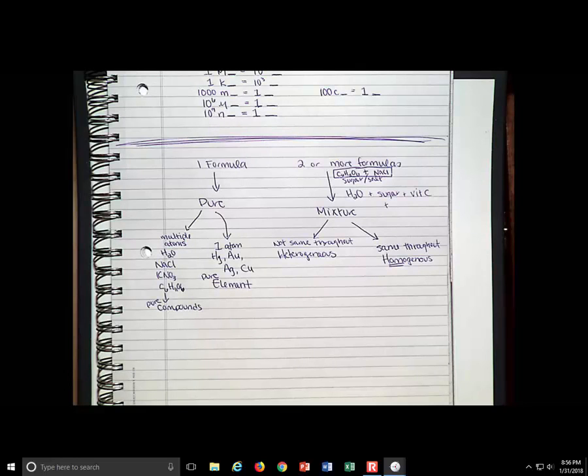I think we've covered pretty much everything. You guys know 2n squared. We had that clicker question on Bohr's model of the atom, where we talked about Rutherford's model.